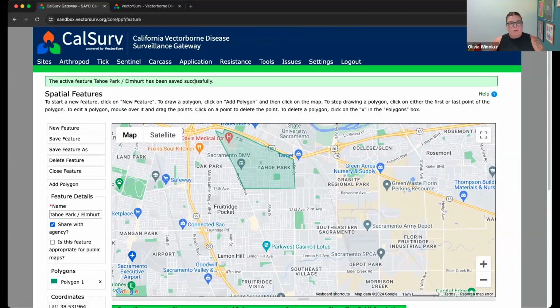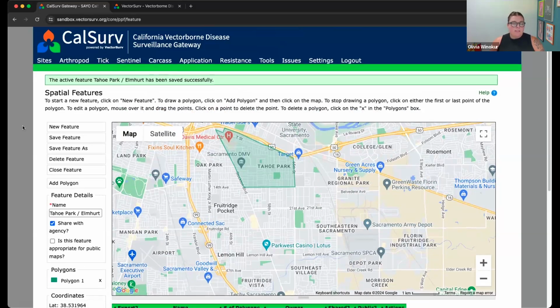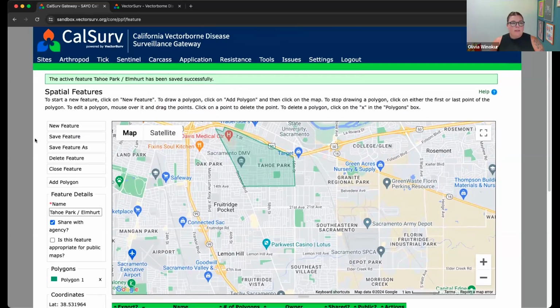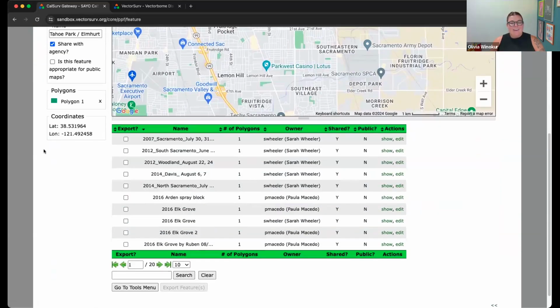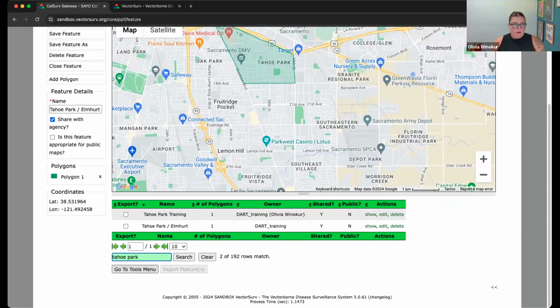So it gives me a green box up here saying the active feature Tahoe Park / Elmhurst has been saved successfully. I'll show you that we can actually change that. So down here, it's showing me all of the spatial features that have been created by my agency and shared with the agency. If I want to just search for what I'm creating, this is what I just created, Tahoe Park / Elmhurst.